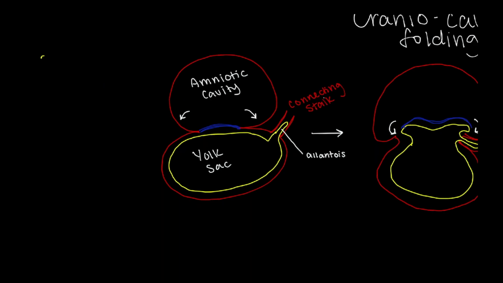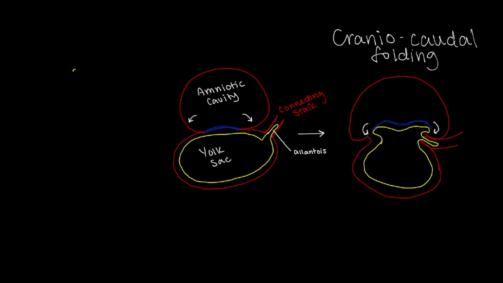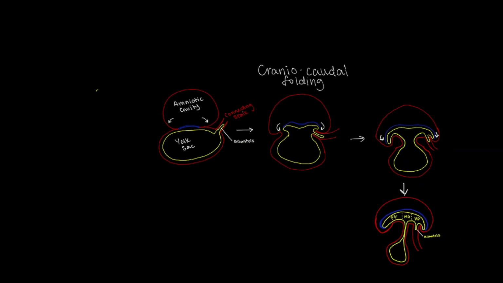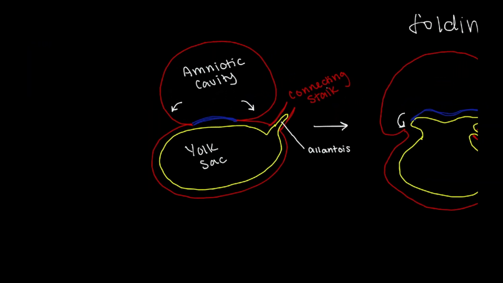So this is the cranial end of the embryo. This is the caudal end or tail end of the embryo. I would highly recommend finding some animations to help clear up what this craniocaudal and lateral folding look like. But if this makes sense, that's awesome.